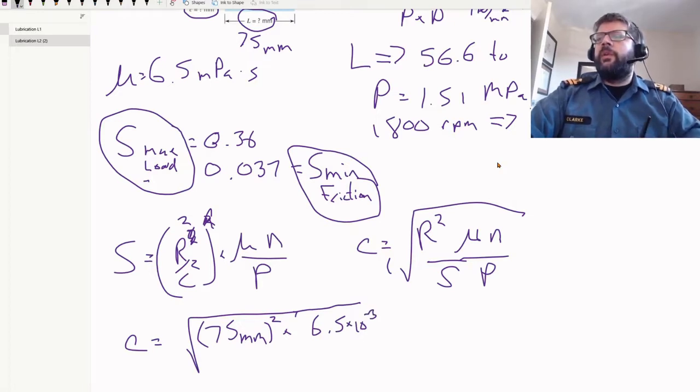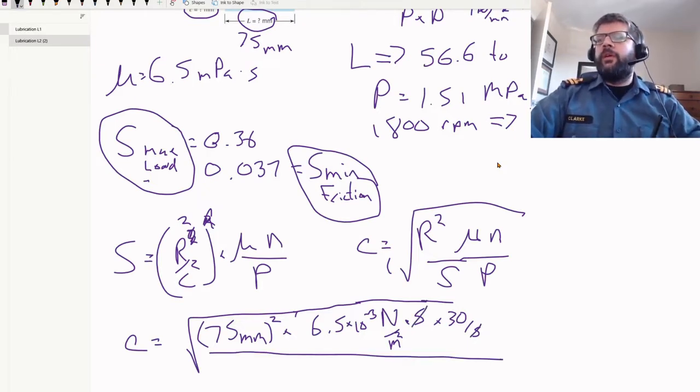We're looking for Pascal seconds, so I'm going to put that in newtons per meter squared times seconds, times our rotational speed, 30 revolutions per second. We just leave the revolutions out, so seconds cancels out.